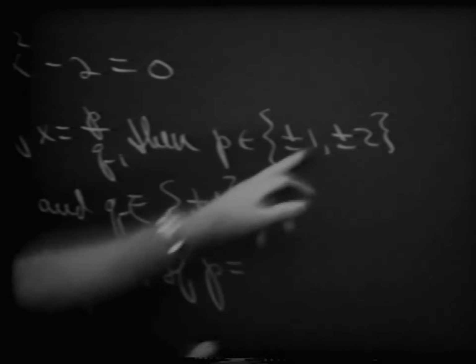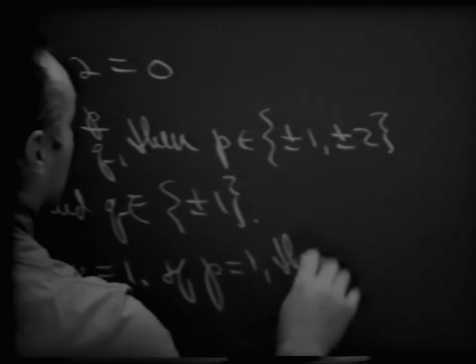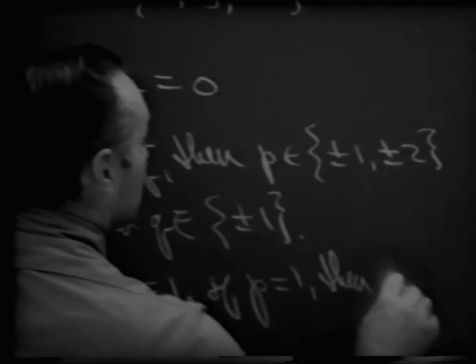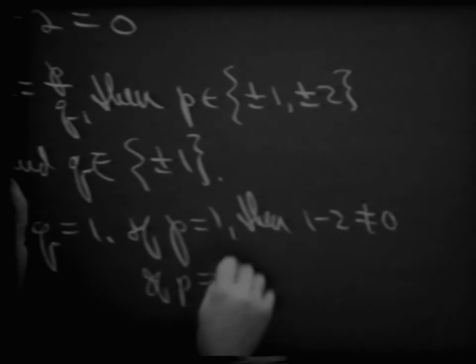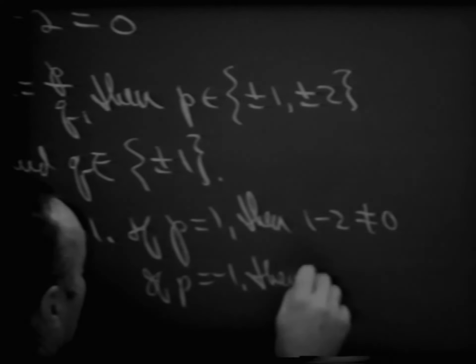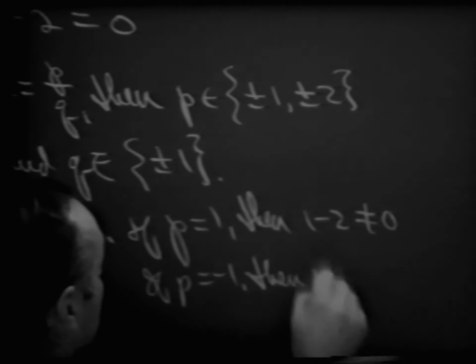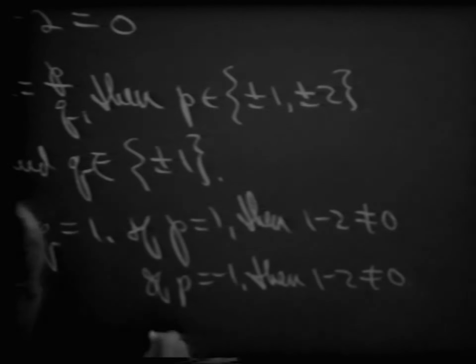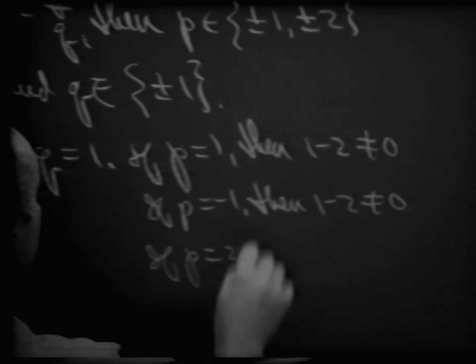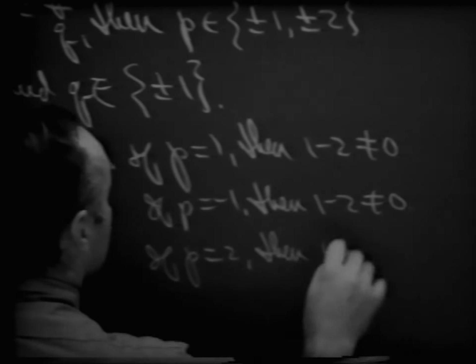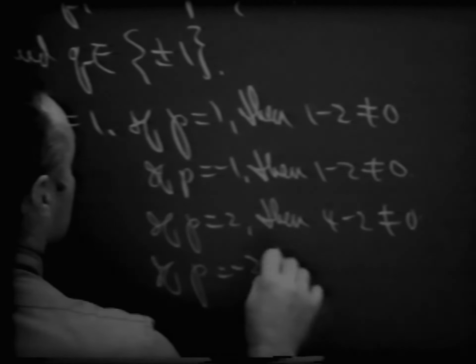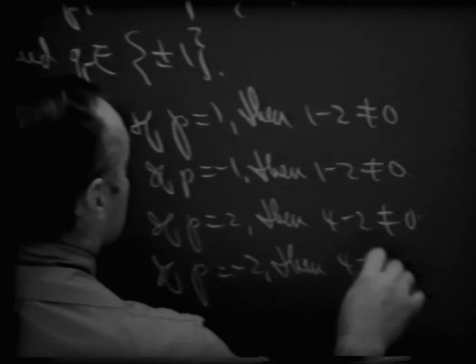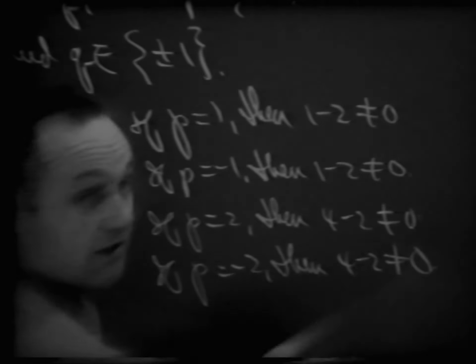If p is, let's take positive 1, then we have 1 squared, which is 1 minus 2, and that certainly is not 0. If p is negative 1, then we'll have negative 1 squared, which is 1 minus 2, which is not 0. Let's try the other one. If p is 2, we have 2 squared, which is 4 minus 2, and that's not 0. If p is negative 2, we'll have negative 2 squared, which is 4 minus 2, still not 0.